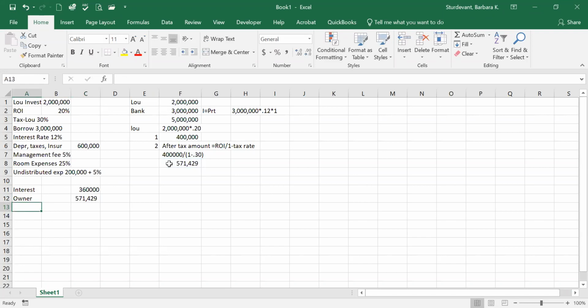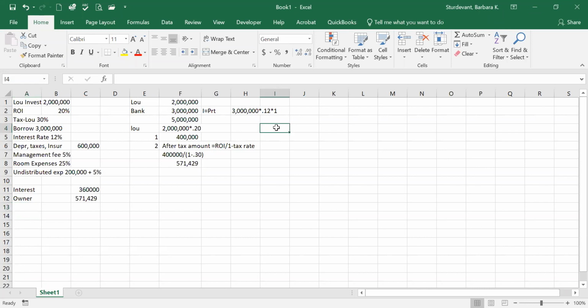Are you okay with that one? That one is the weirder one, I guess is a way to describe it. It's got to be an after-tax amount. So it's 2 steps. Number one, figure out what the owner wants. In this case, what does Lou want? He wants $400,000, but that's his net, that's after tax. So we have to figure out what it would be before tax, so that if he earns that amount and pays our taxes, he'll still get the 400,000.